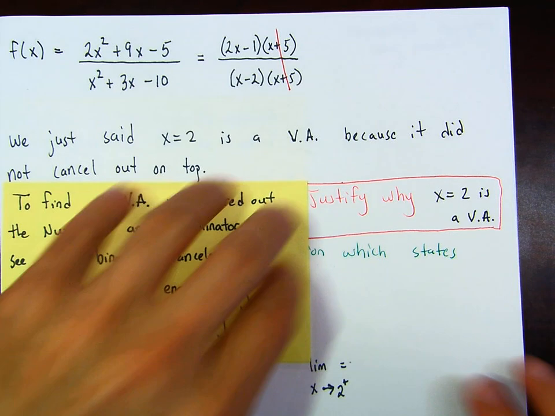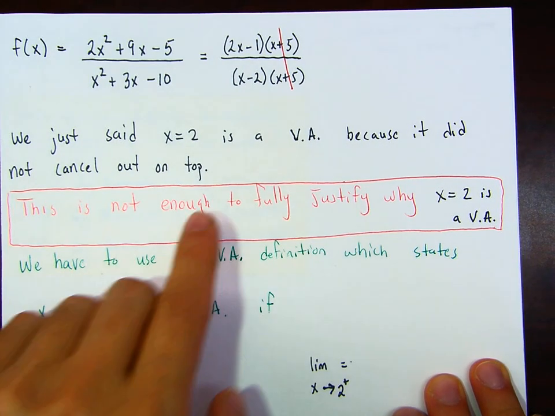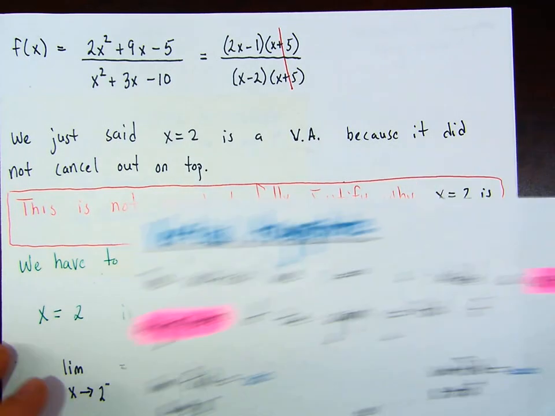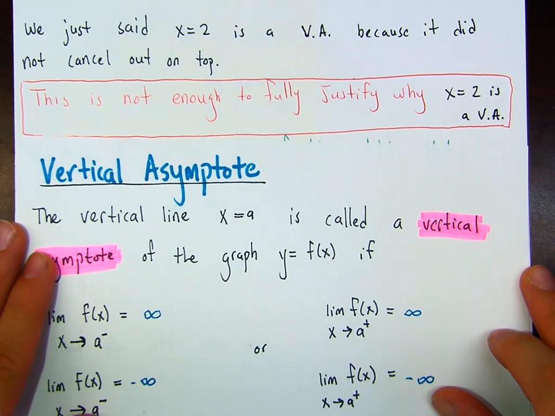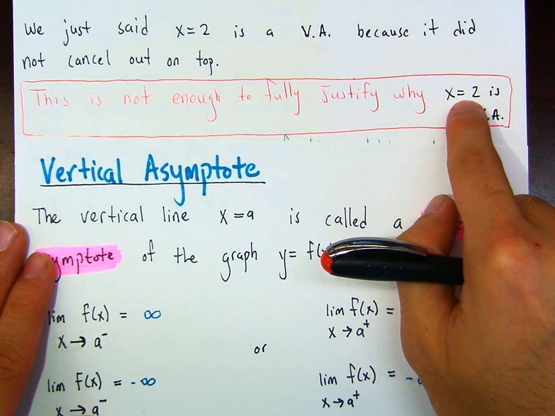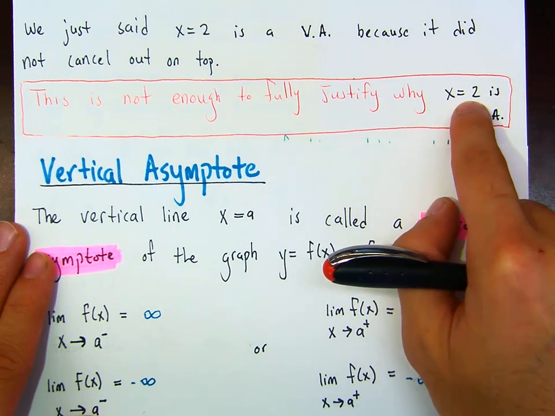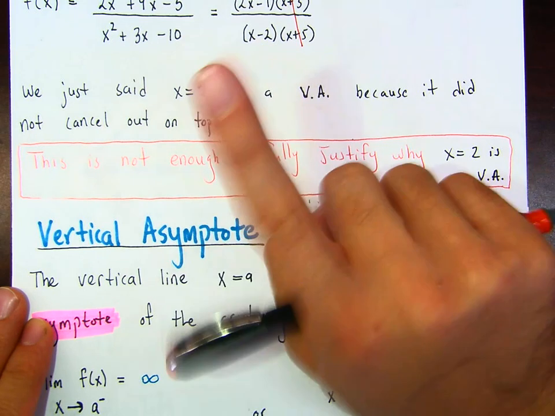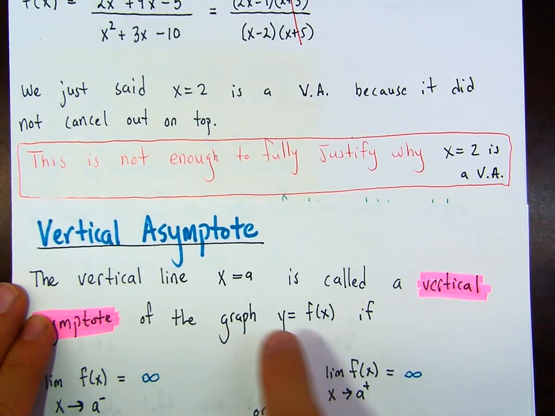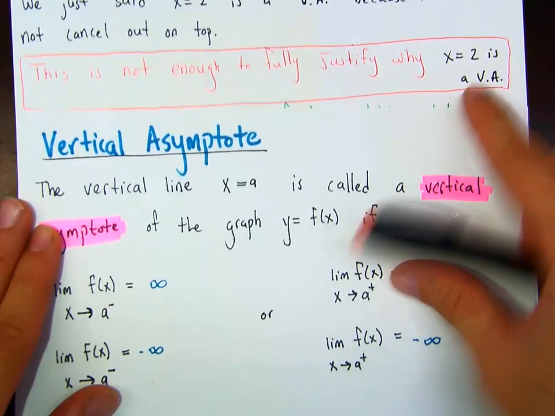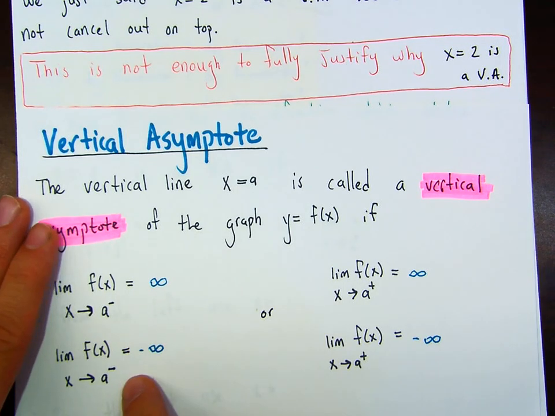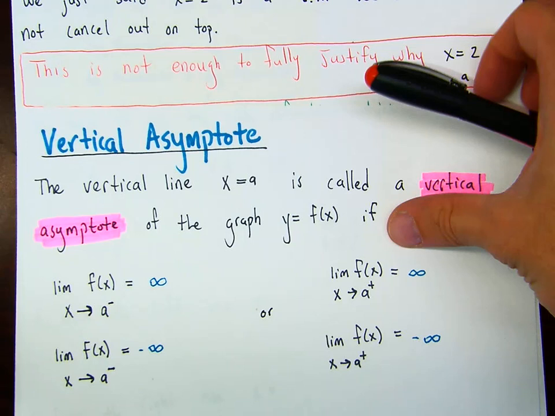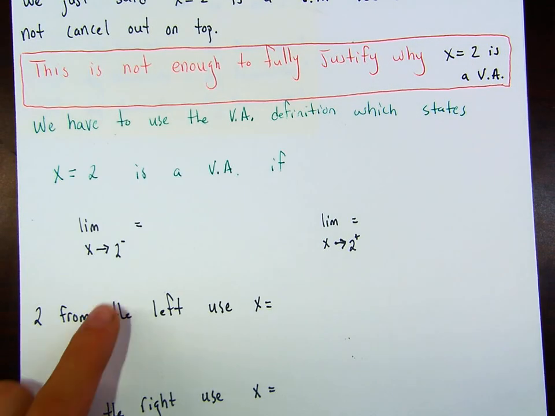This is not enough to fully justify why x is equal to 2. We have to use the proper definition of a vertical asymptote to show why there's a vertical asymptote at x equals 2. Just to say that this x minus 2 does not cancel is not enough. So how do we properly show the justification? We have to take the limit from the left and the limit from the right of 2.